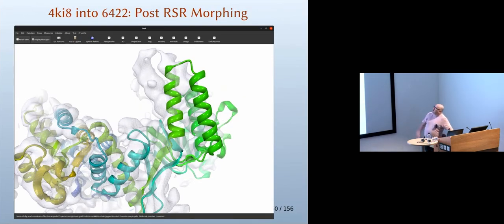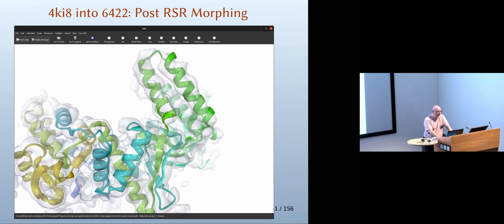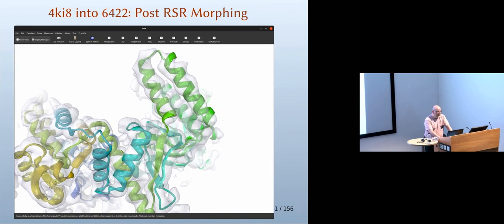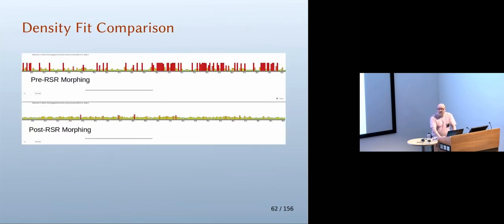From the other side, you can see those pair of helices on the right there don't fit very well, but when we use Geman-McClure restraints in the real space refinement in Coot, you can see that whole domain tipping and going into where we hoped it would go. Okay, so the above line is the density scores before and after fitting. You can see it's a rather better fit.